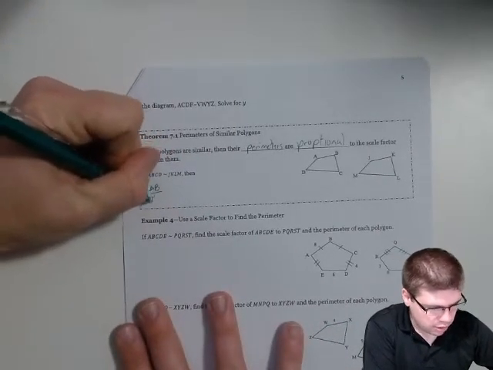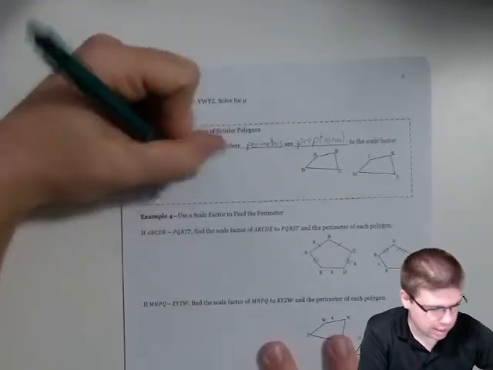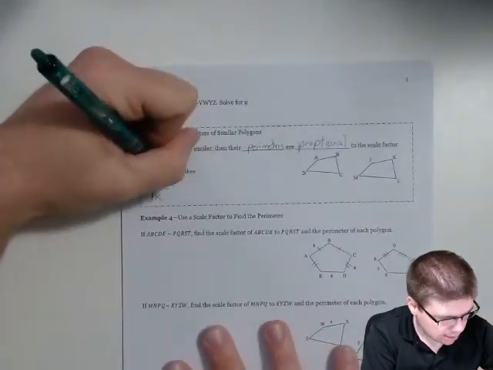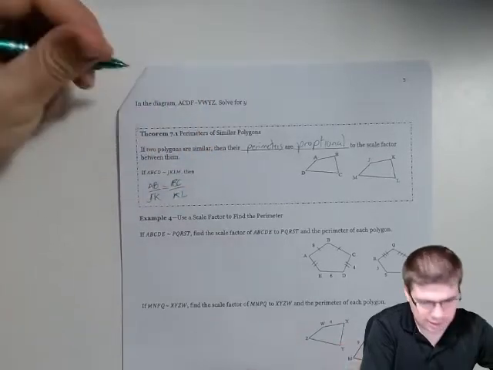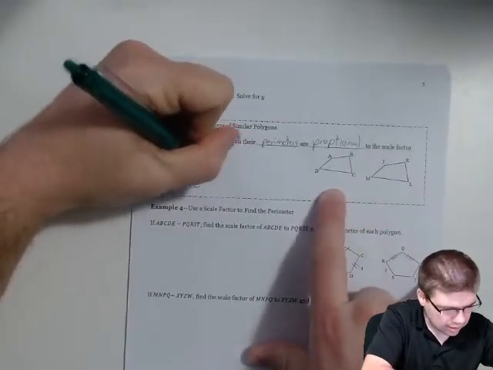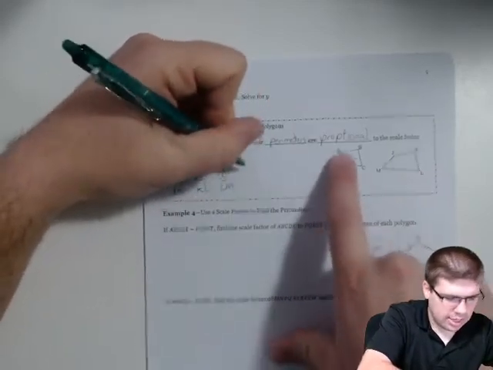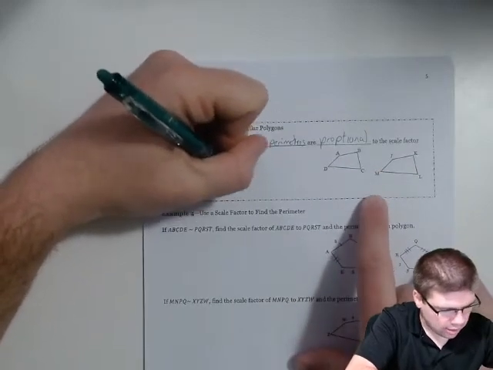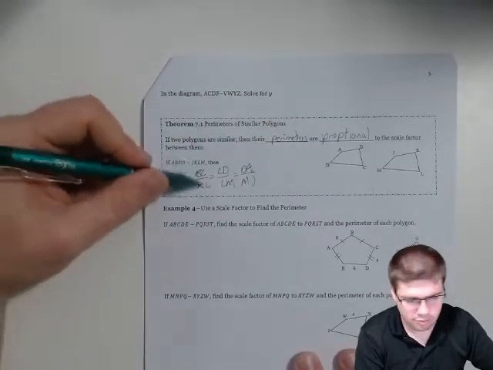AB over JK, that ratio, that scale factor between those, is the same as BC over KL, and CD over LM and DA, trying to go all the way around here, all four sides, over MJ. All four of those fractions will be the same. Maybe they're 1/2, 1/2, and so on and so forth.